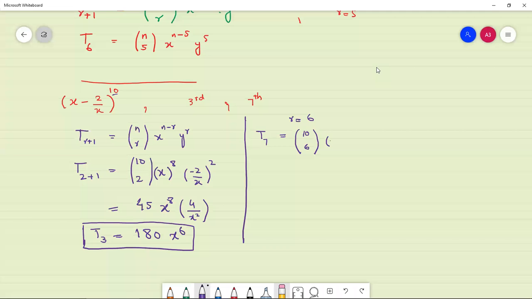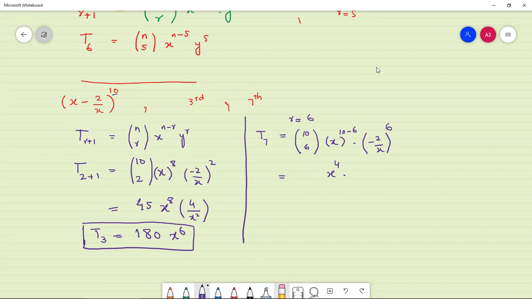X is symbol x, while 10 minus 6, write 10 minus 6, y is minus 2 by x, and this would become 6. So 10C6 using calculator, you can find x power 4 here, while minus 2 power 6. Because r is even, the minus 2 would become positive.